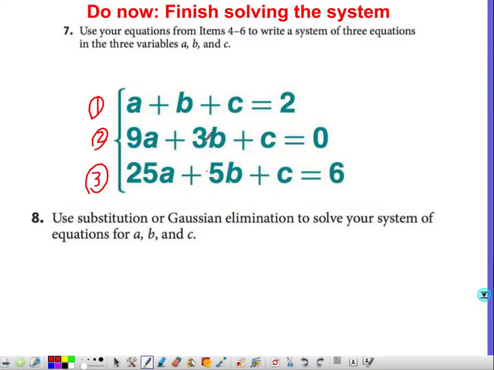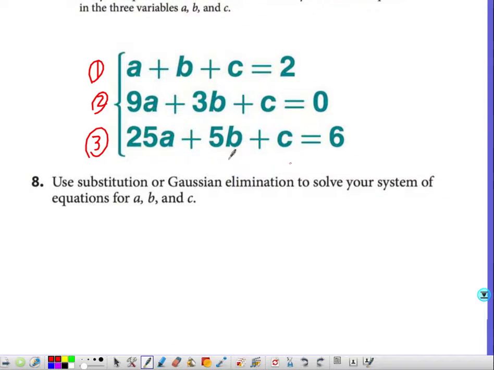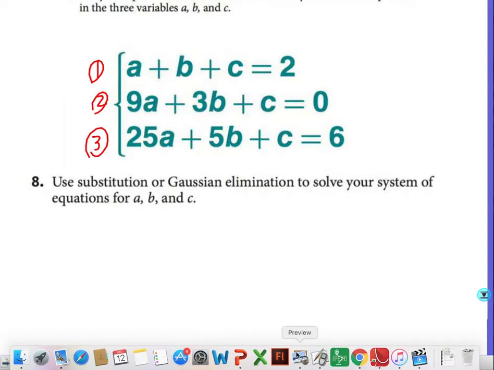So let's begin. First thing I want to do is take equations 1 and 2, a plus b plus c equals 2. Let me use some technology here just to make it easier.